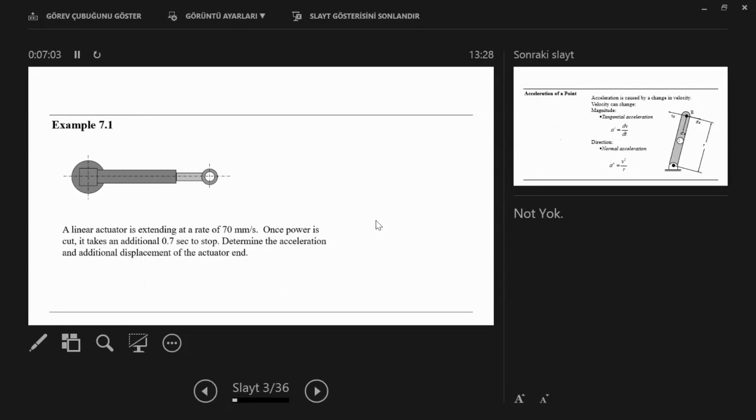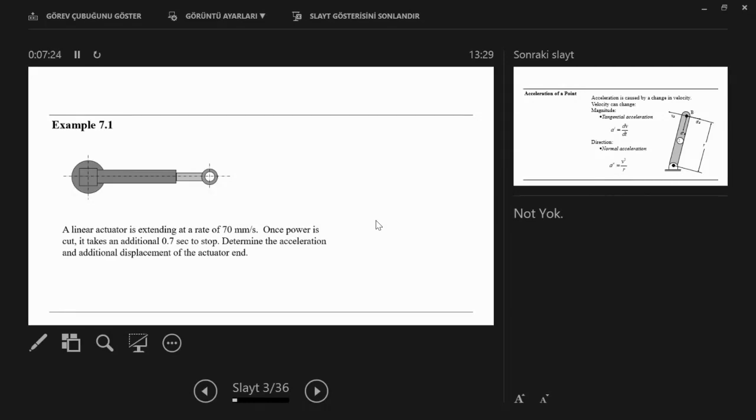Okay, let's have a simple example regarding the acceleration. Let's think of a linear actuator, a hydraulic actuator, extending at a rate of 70 millimeter per second. That means this is the speed.